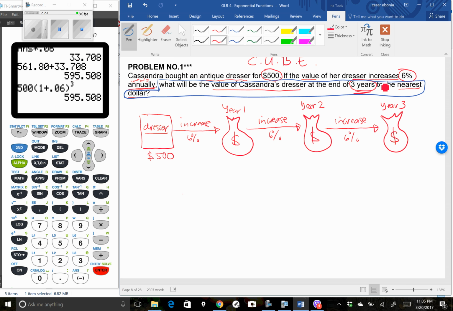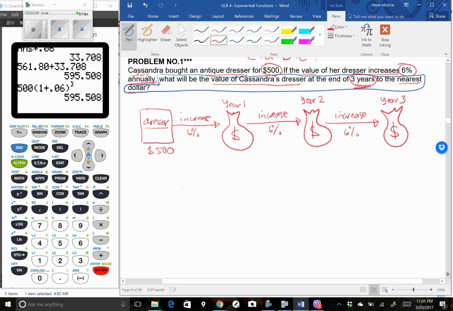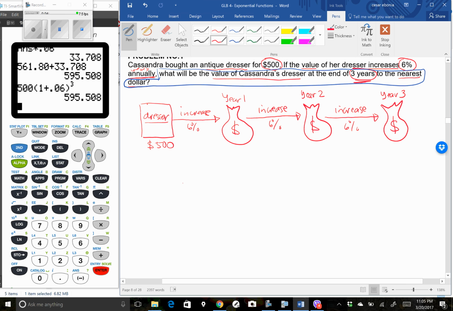Now, I would like you to work out this one using number sense. How do you calculate the rate of increase? If you have $500 as the original price and it increased by 6%, what is 6% of 500? To find that, you simply multiply.